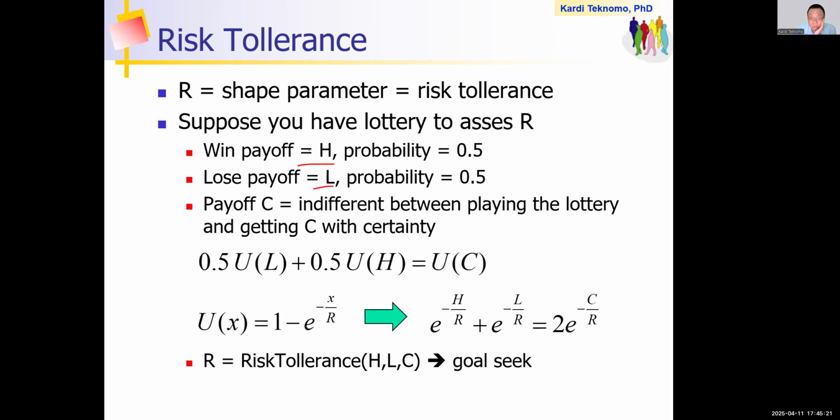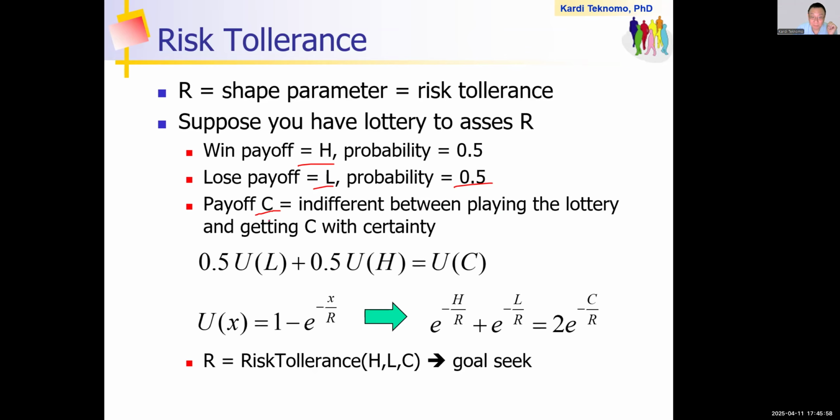Suppose you know the win payoff with a certain probability and the lose payoff with a certain probability. Of course, the total probability must be 1. Then you also know the indifference, so four numbers as input: indifference between playing the lottery and getting C with certainty. This is the game of certainty versus gamble from earlier.